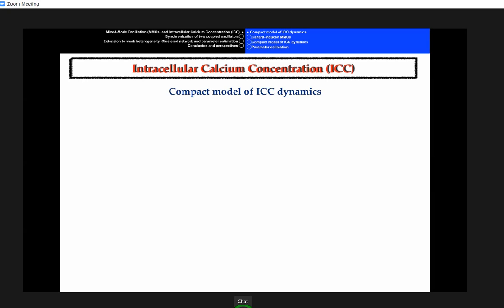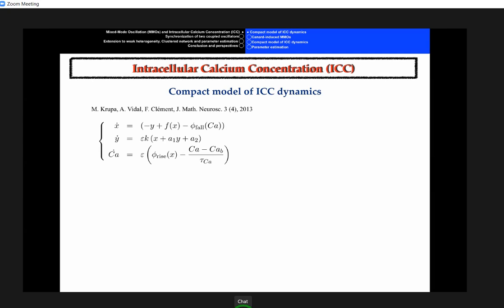So I developed a compact model of ICC dynamics, which is a slow-fast system. It's quite simple because it is based on the FitzHugh-Nagumo dynamics, but with a third additional variable standing for the concentration of ICC in one single neuron.